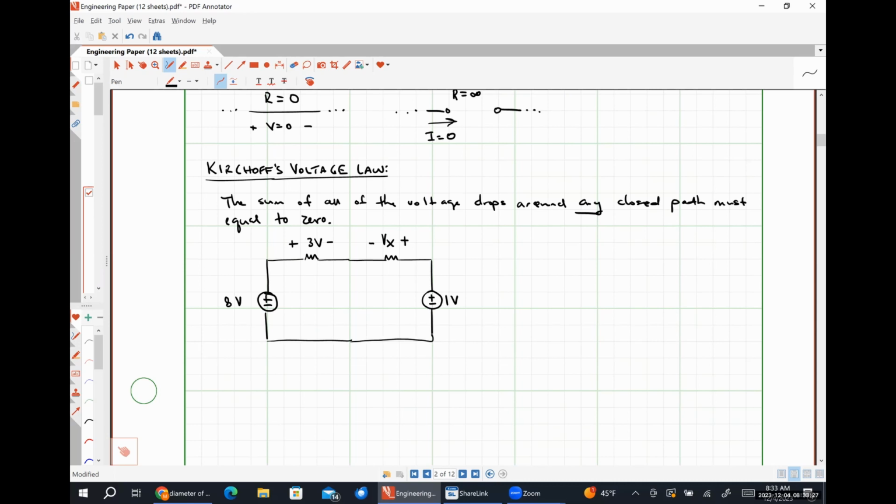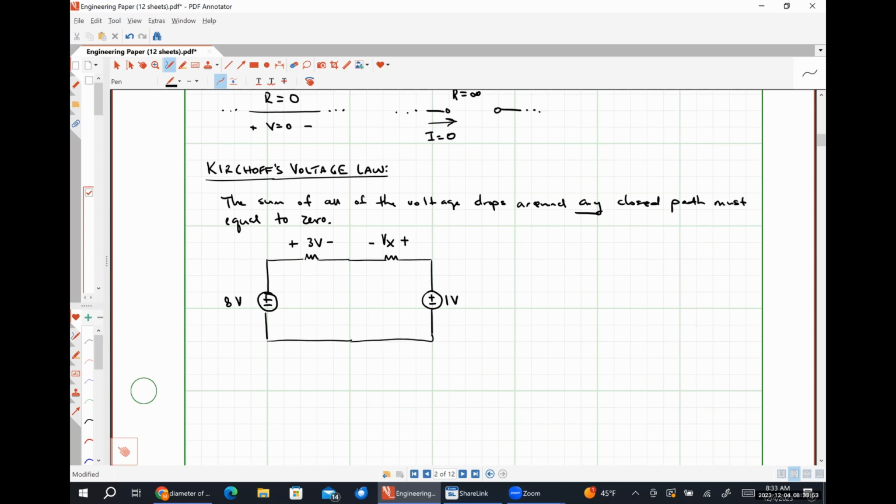The first thing that I want us to do is figure out what Vx is and learn the rules on how to apply Kirchhoff's voltage law. In order for me to form a closed path, that simply means that I need to start and end at the same point in my circuit. How I like to treat this is I arbitrarily choose a direction.